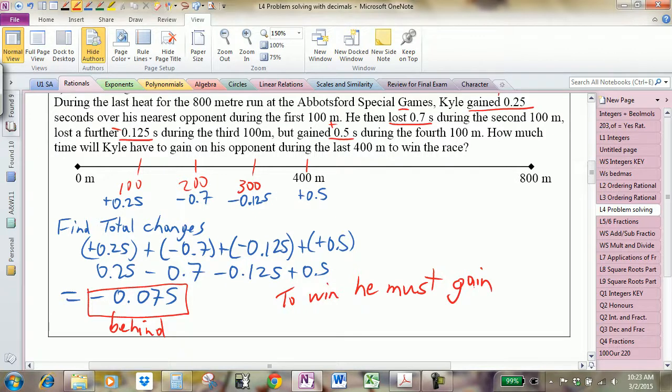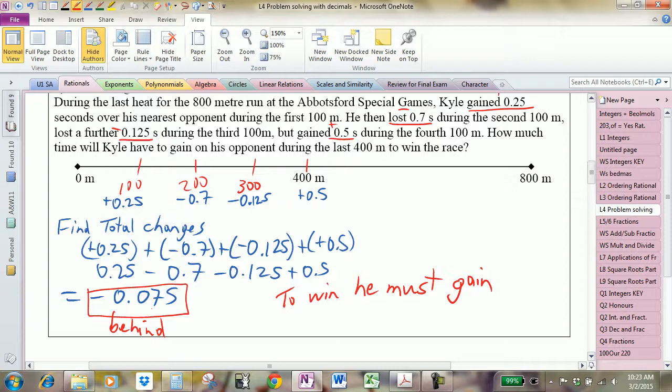Yeah. So you're on the right track. So what Josh is saying is, if he just gains 0.075, what's going to happen? Is he going to win? No, it's going to be a tie. So what two words can we use to indicate a win using this number? Kira? At least.